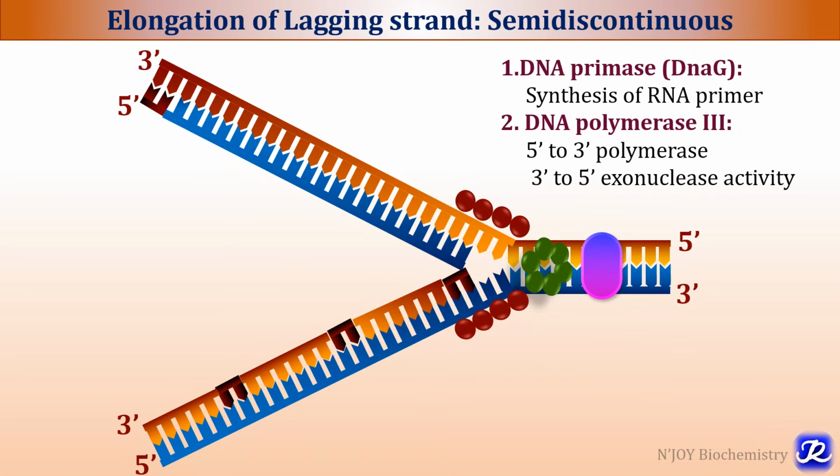DNA synthesis on the lagging strand is semi-discontinuous and away from the direction of the replication fork. DNA polymerase 3 has 5' to 3' polymerase activity, which helps in the synthesis of Okazaki fragments, and proofreading is provided by the 3' to 5' exonuclease activity of DNA polymerase 3.